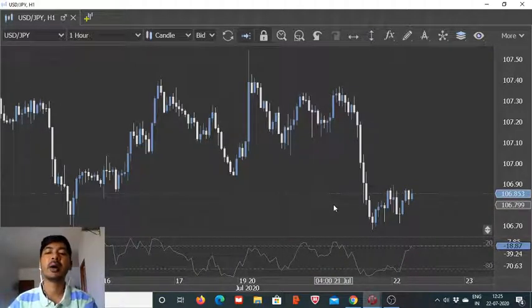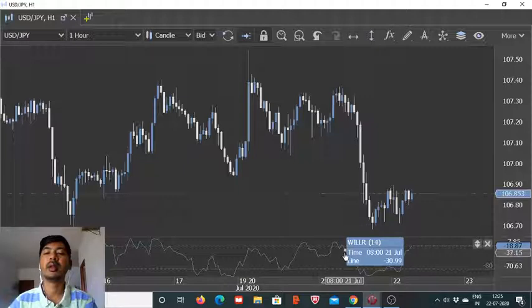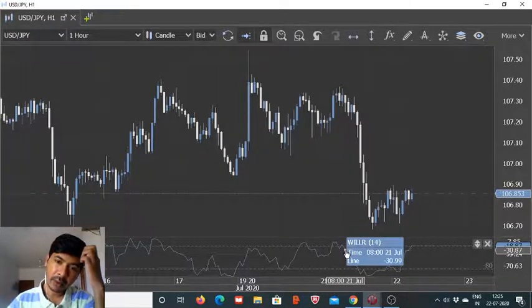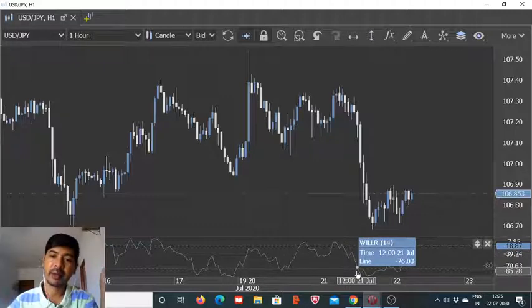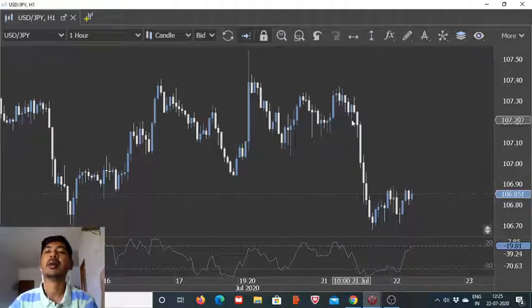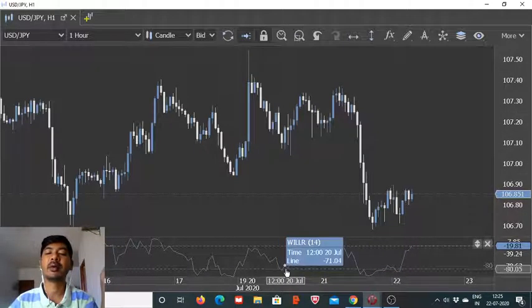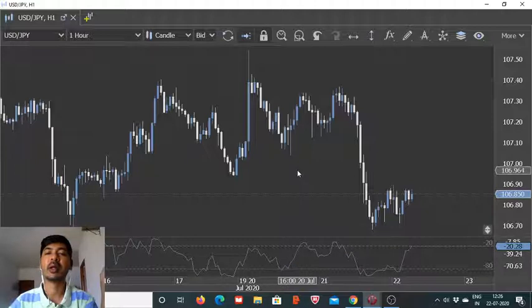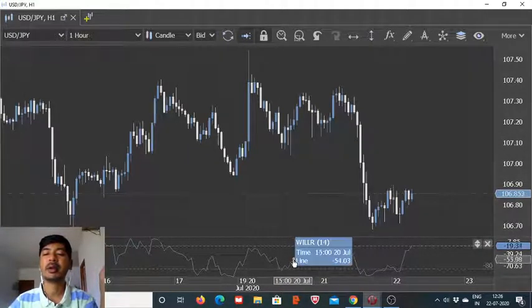Also, when this value is in between the -20 and -80 levels, if the value is falling, then you can consider it as a continuation of the sell trend, and whenever the value is on the rise, you can consider it as a continuation of the buy trend.